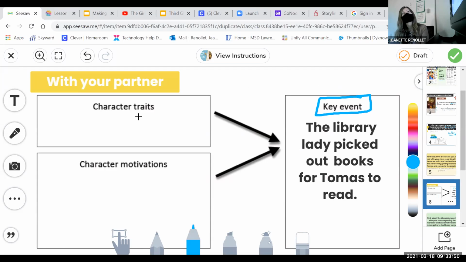I want you to think about what traits and what motivations the library lady has for her to do this action. We know in the plot of the story, she picks out books for Tomas. Why? What's her motivation? What character traits explain why she would do that?